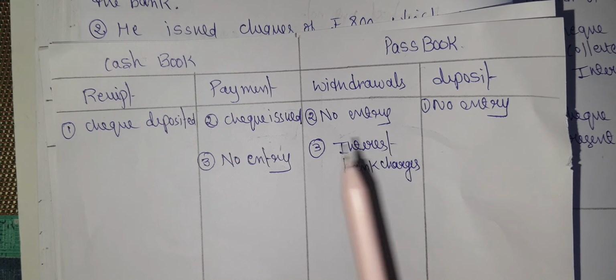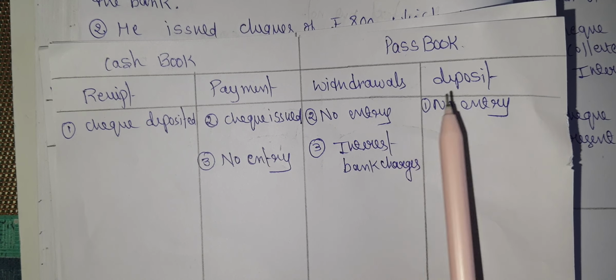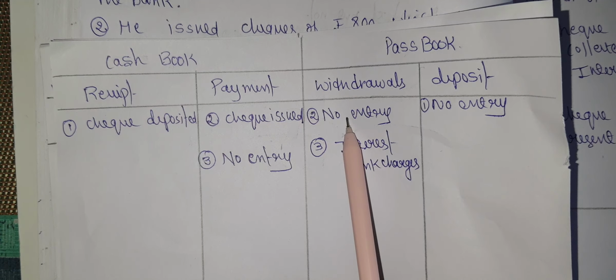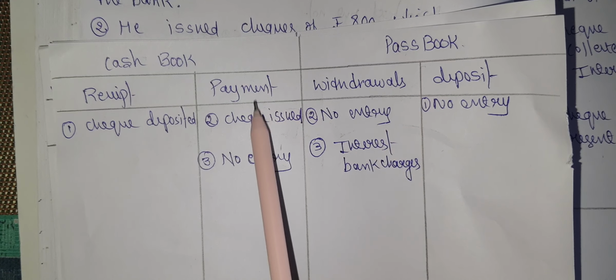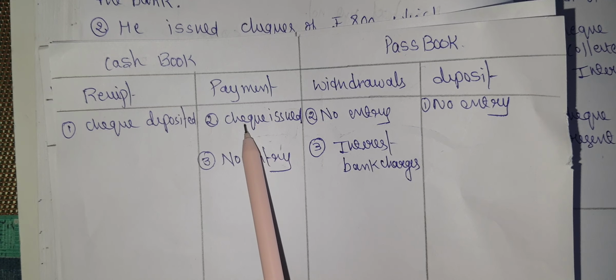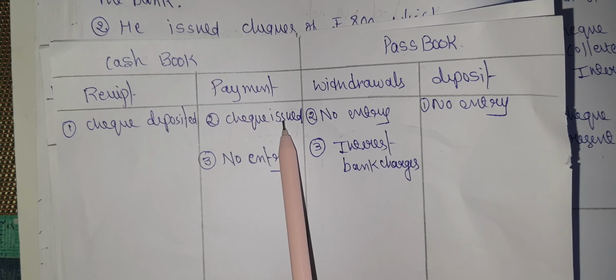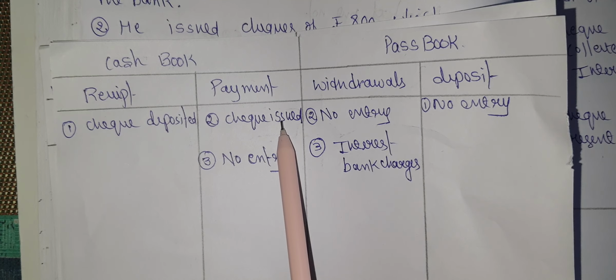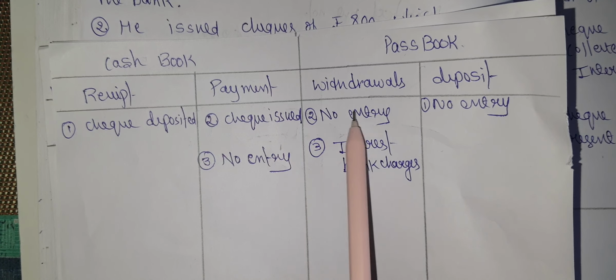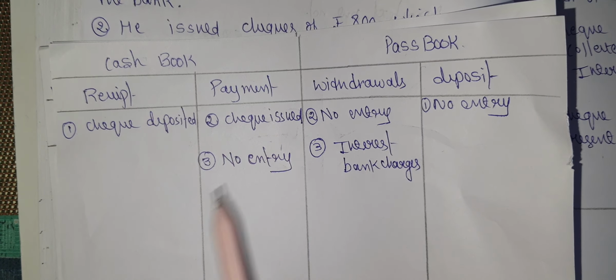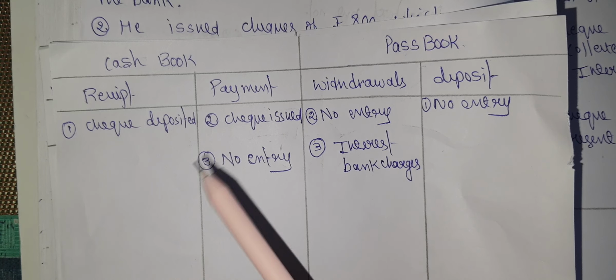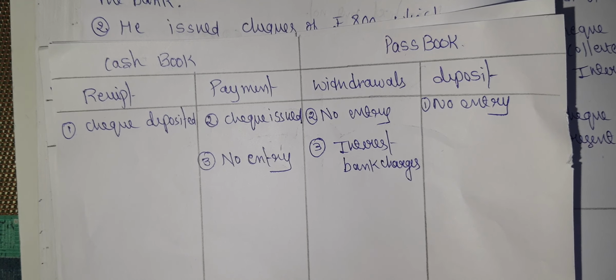Second step is the comparison of cash book and passbook. Here in the passbook there is no entry, but on the payment side of the cash book, check issued, means the cash book balance is less compared to the passbook, because Rakesh issuing the check decreases his cash balance.